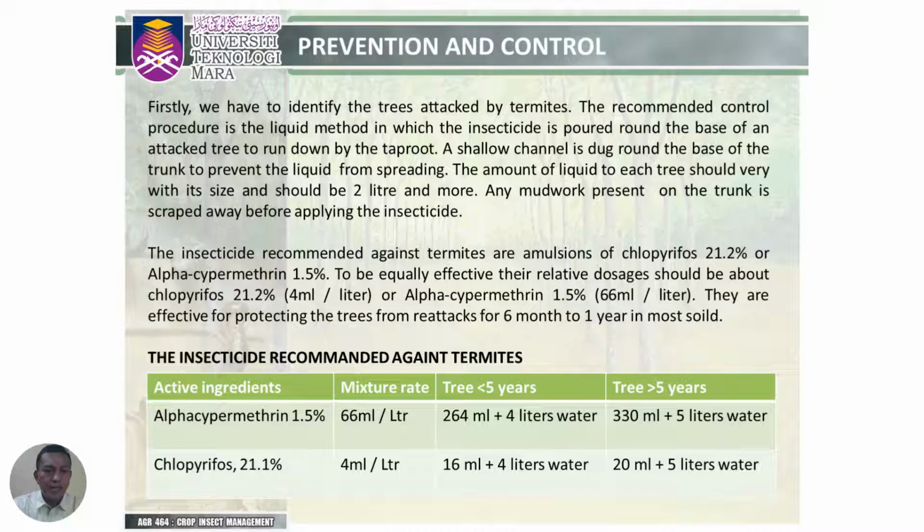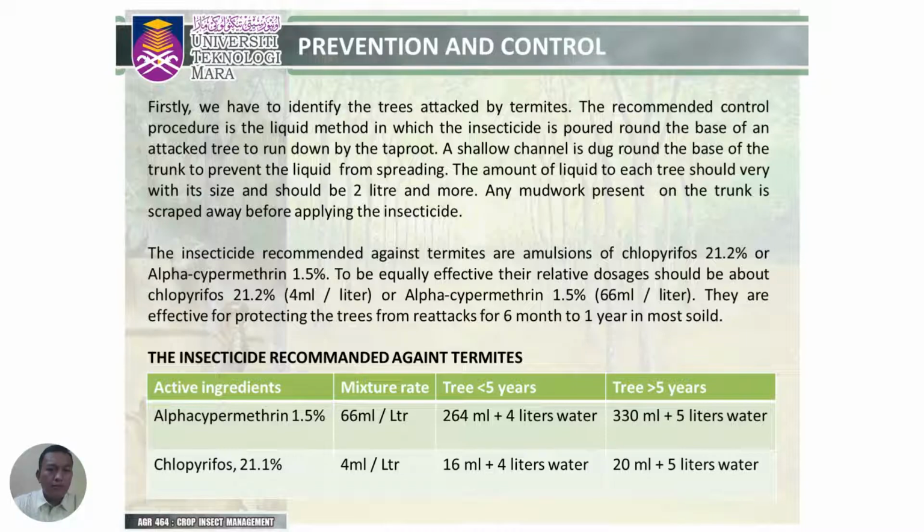The insecticides recommended against termites are emulsions of chlorpyrifos 31.2% or alpha-cypermethrin 1.5%, which are equally effective. The relative dosage should be chlorpyrifos 31.2% at 4 ml per liter or alpha-cypermethrin 1.5% at 66 ml per liter.